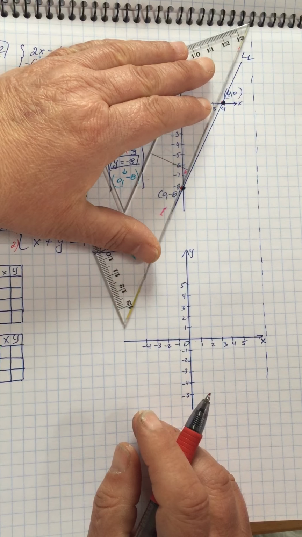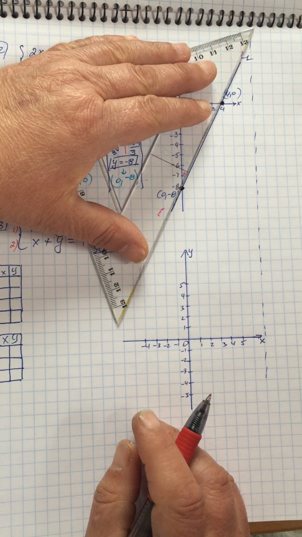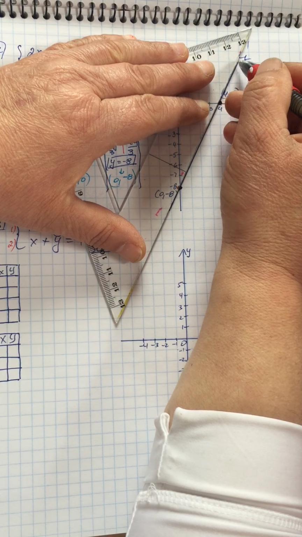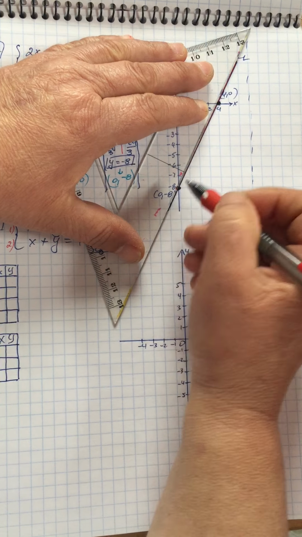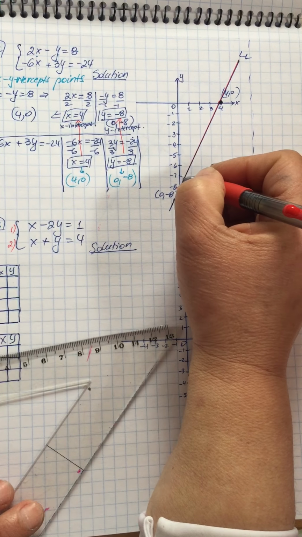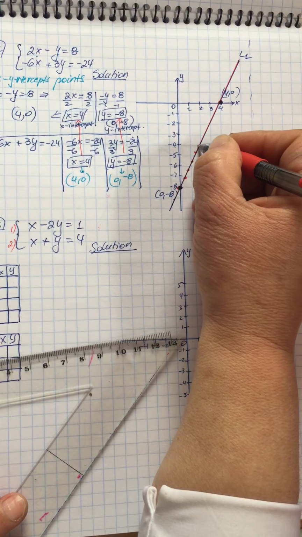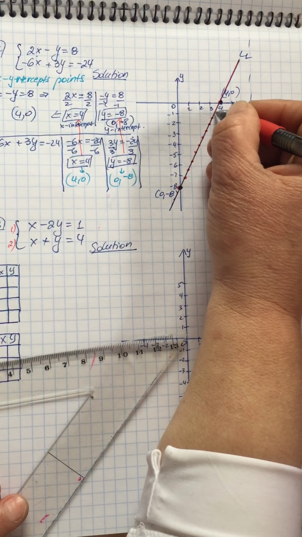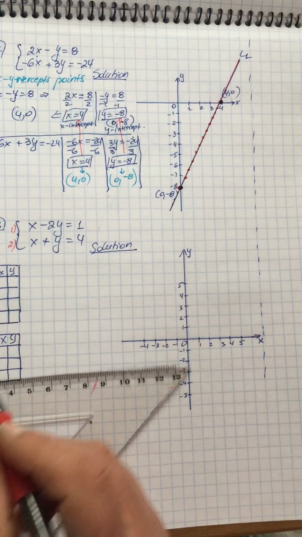And we say the lines coincide because both equations are representing the same line. So this line contains all solutions for both equations. Infinitely many common points, which are infinitely many common solutions for the equations of the system.